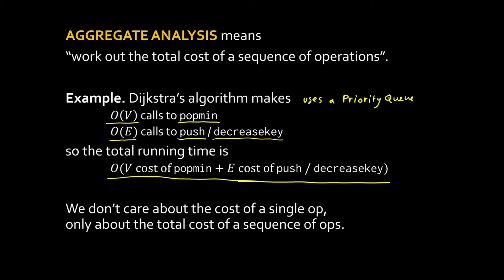And if we can organize our data structure in such a way that one of the early calls is very expensive because it sets up some useful structure, which means that we can make our later calls very cheap, then it's a good thing to do as far as aggregate analysis is concerned. Very often when we're analyzing advanced algorithms, that's all we care about. We care about a total collection of operations which need to be done together to achieve a single task.